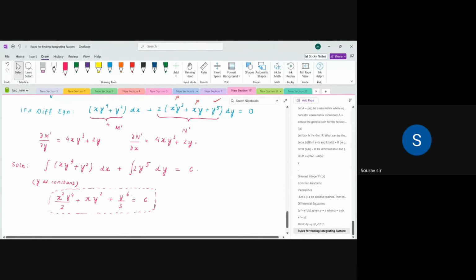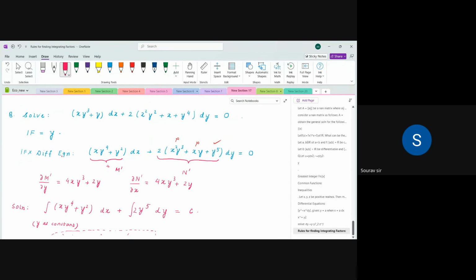Typically, when you're multiplying the integrating factor with the differential equation, you're not changing it. It's multiplying the integrating factor on both sides, just that for our case, the RHS is 0. So it is still the solution of the original differential equation. That's not changing. Okay, sir.